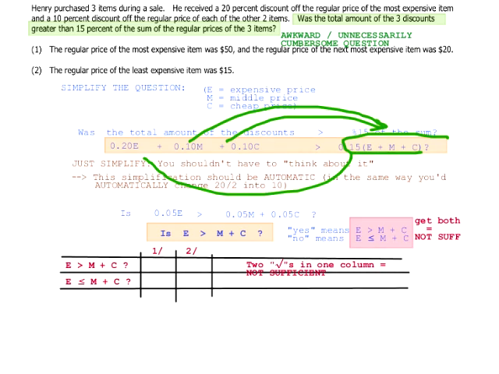Okay, well, statement 1, we know that E is 50. So let's take a look at E versus M plus C. So E is 50, M is 20.